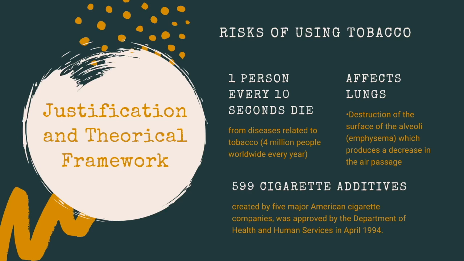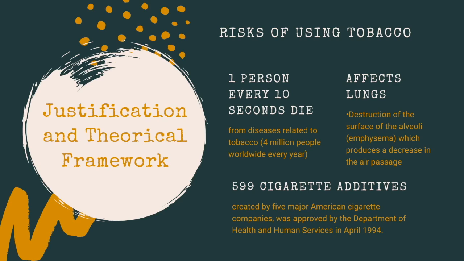So let's begin with our justification and theoretical framework by understanding the risks of using tobacco. Here we have some data that will help us to understand the importance of this topic. The first one is that one person every 10 seconds dies from diseases related to tobacco use.